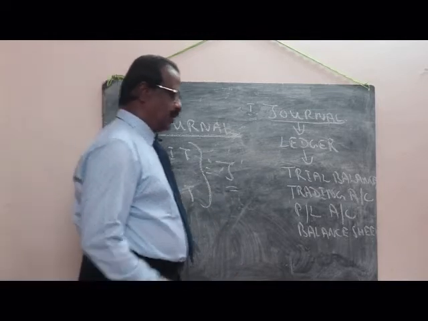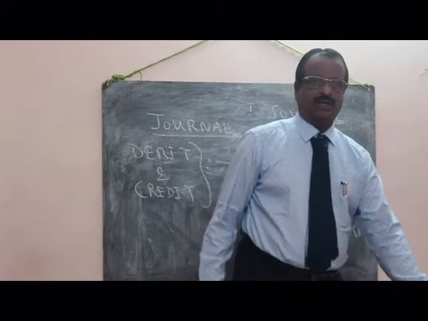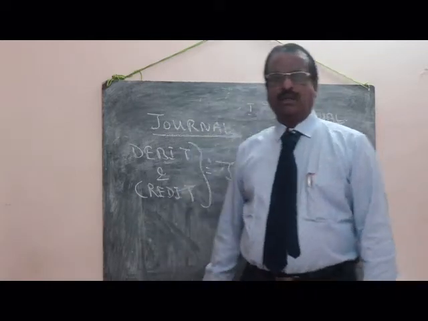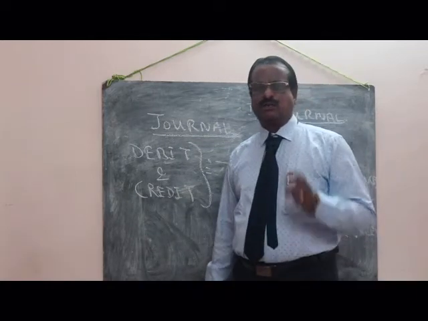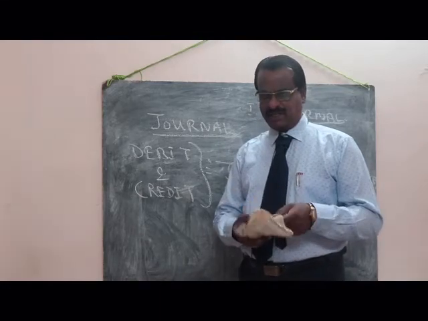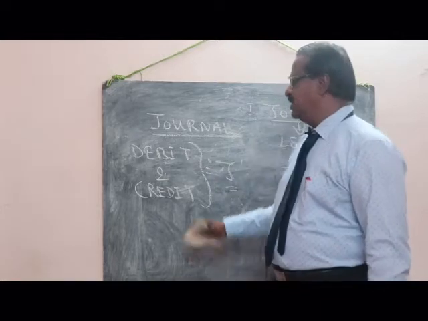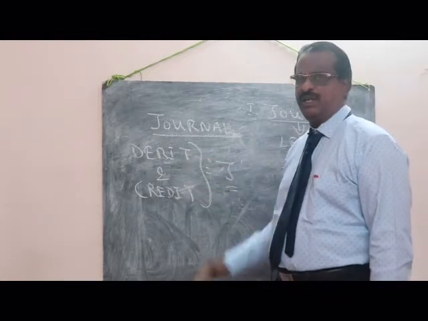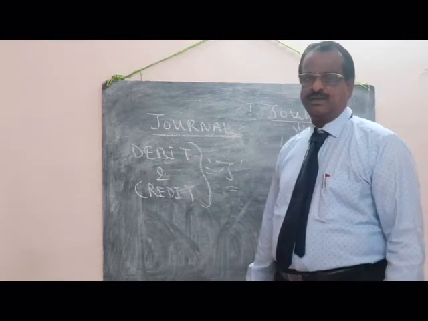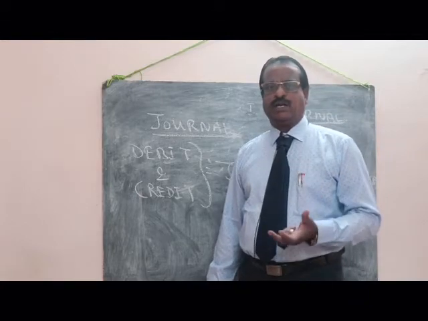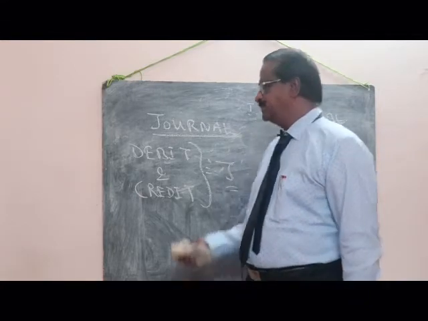Okay. How do you find the journal? I have already told you that in any transaction there are two aspects. One is debit, the other one is credit. Now how to find out debit and credit?